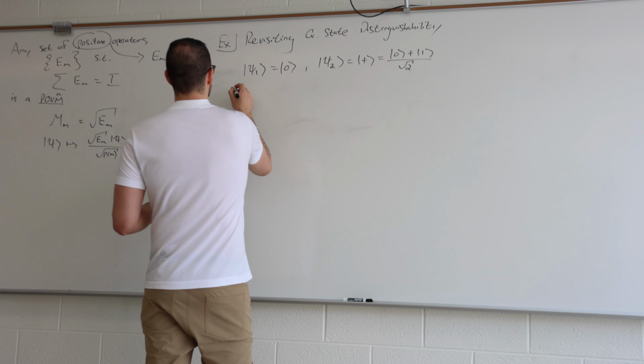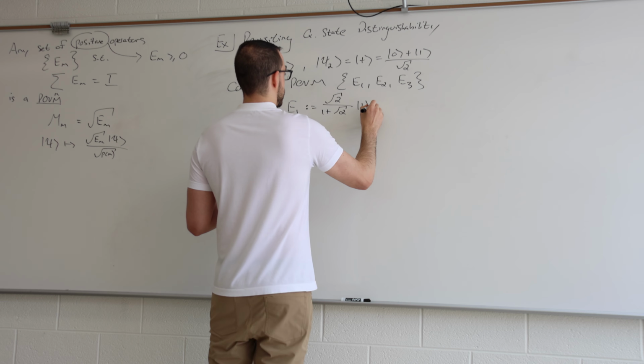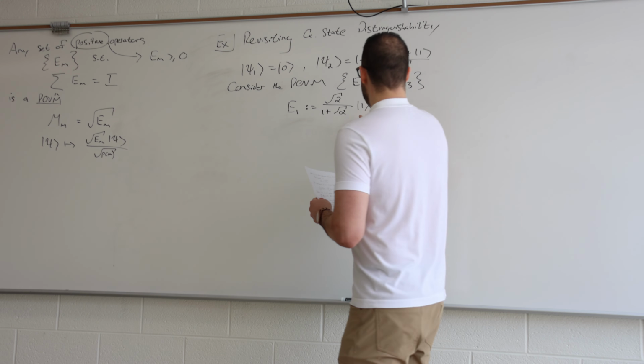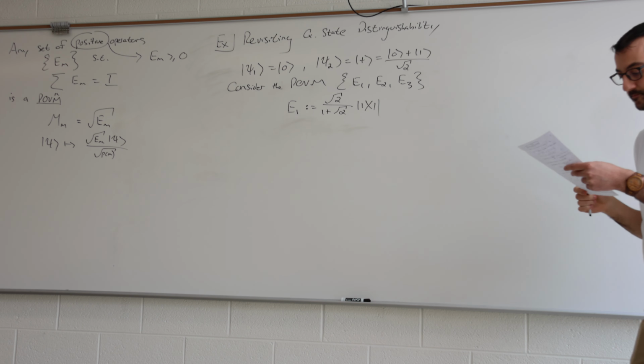defined as follows. I'm going to have 3 elements, E1, E2, and E3. E1 is going to be defined as a coefficient, square root of 2 over 1 plus the square root of 2, times the outer product, ket 1, with itself.